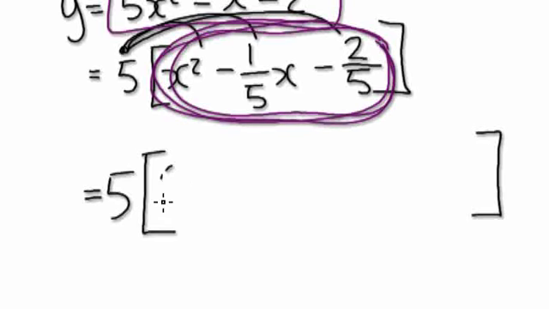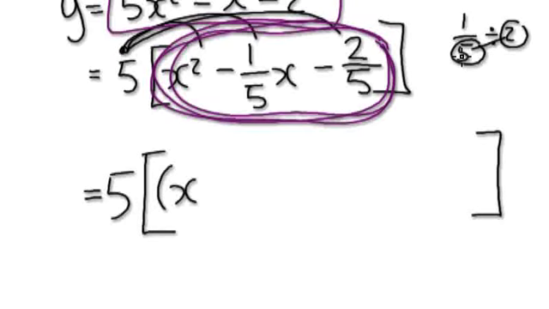Now I'm just going to write it like this. x, and then I'm going to need half of this thing here. So what's half of that? Well, 1 over 5, half of that will be divided by 2, so it gets multiplied to the bottom. So it's going to be a tenth. So I'm going to need to minus a tenth, and then close it, square it.